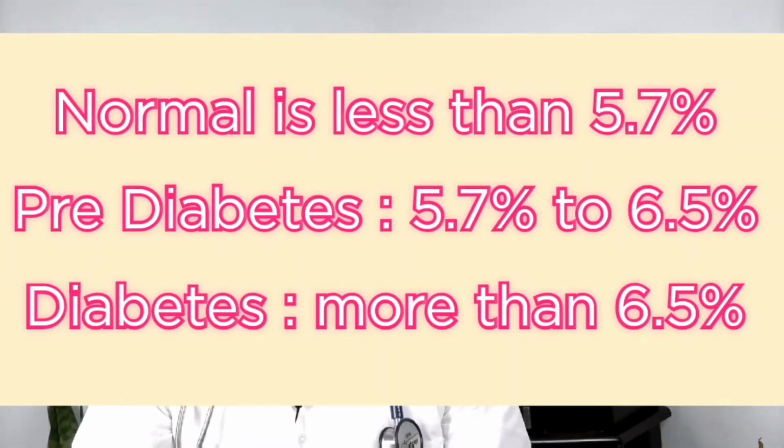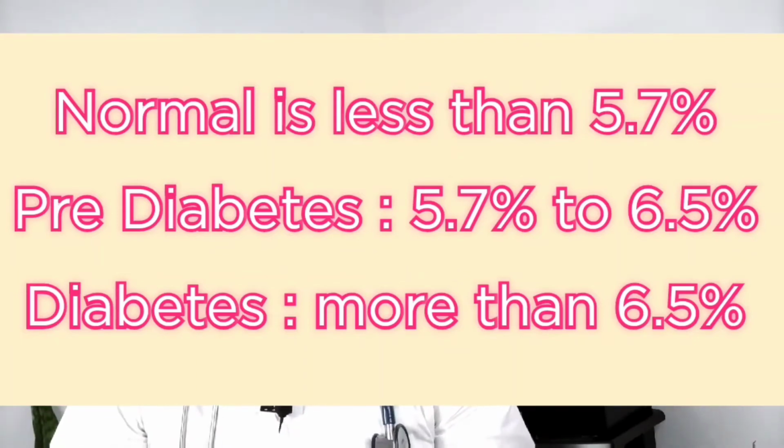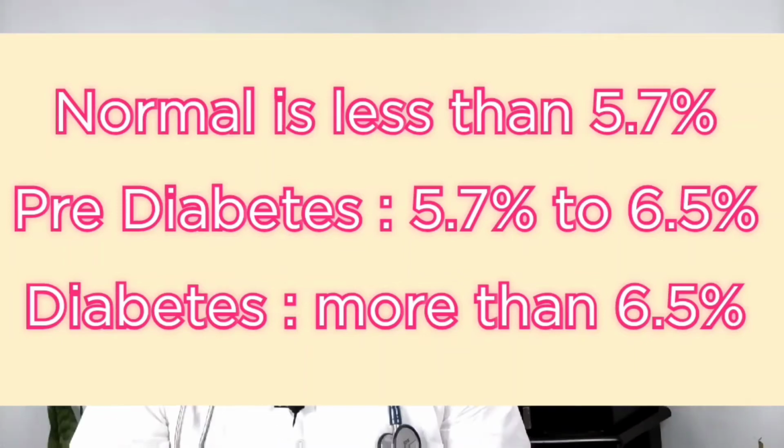And if the value of HbA1C is more than 6.5%, then we say you have diabetes and you are a diabetic person.